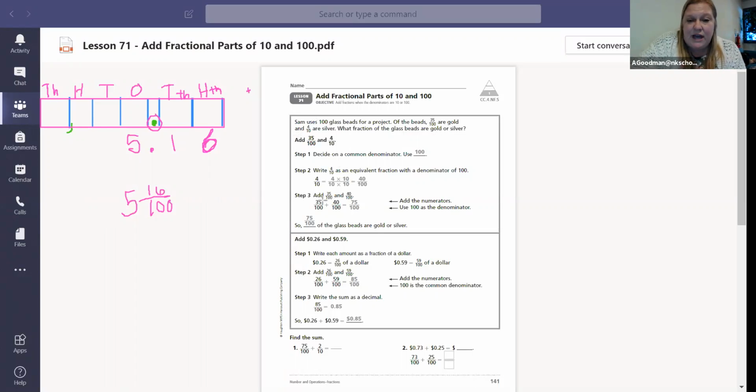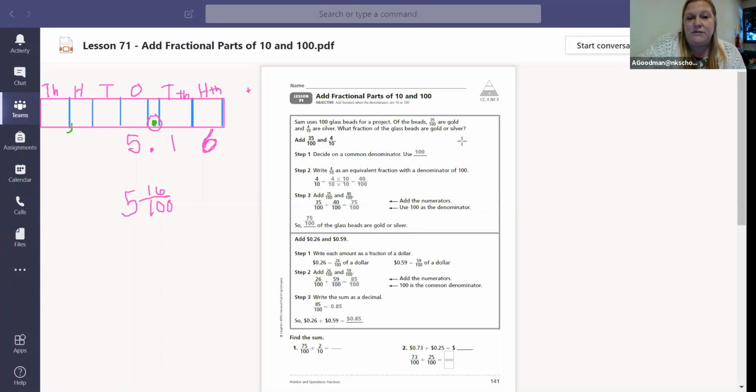So let's look at our worksheet. It says Sam uses 100 glass beads for a project. Of the beads, 35 hundredths, so 35 out of those 100, are gold and 4/10 are silver. What fraction of the glass beads are gold or silver? Well, they're asking for the gold and the silver combined, so we've got an addition problem here, right? But we cannot add hundredths and tenths until we have a common denominator.